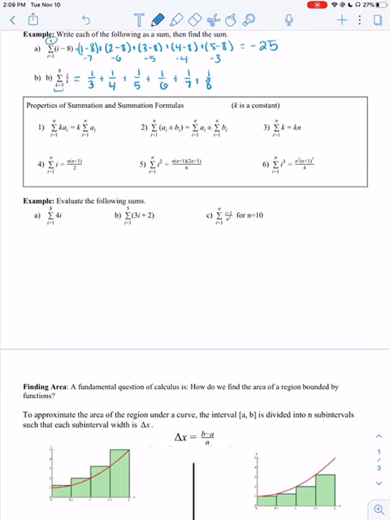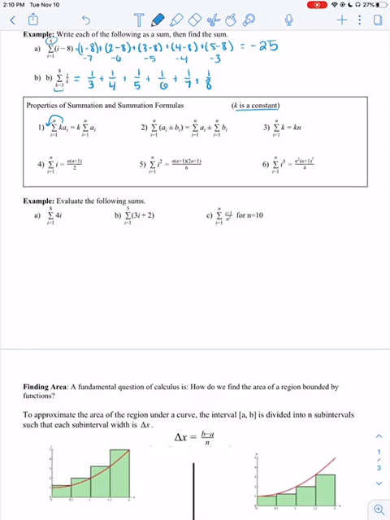And so the first two here are the properties, and then the rest are formulas. So anywhere you see a k, that is representing a constant. Let's see what this is saying. So this is saying that if you have a constant, you can move it out front of the sum, so you don't have to keep it in the sum.